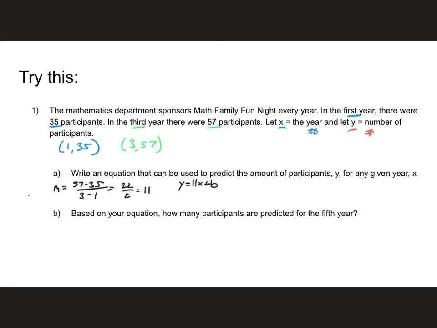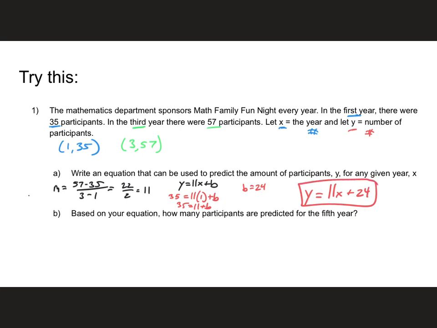I'll fill in my numbers. So we'll do 35 for the y value equals 11 times 1 plus b. So 35 equals 11 plus b, which means my b value is equal to 24. So my equation, y equals 11x plus 24.